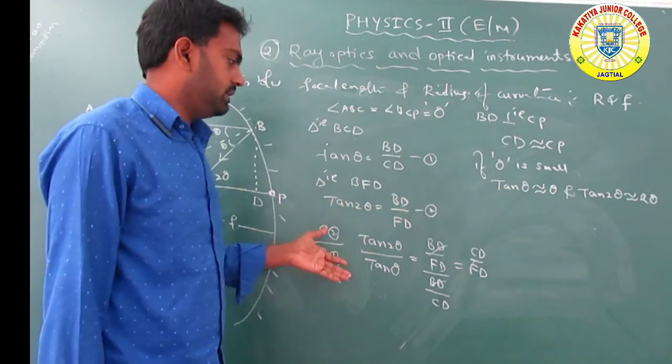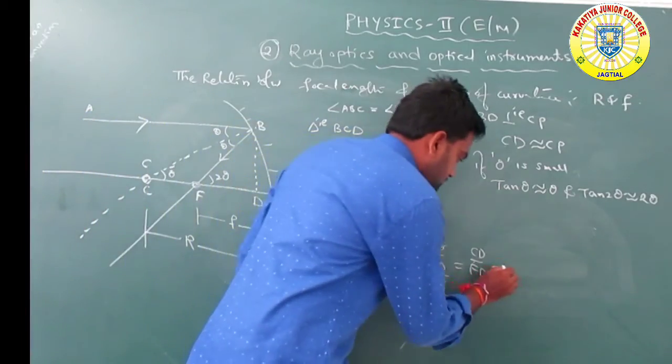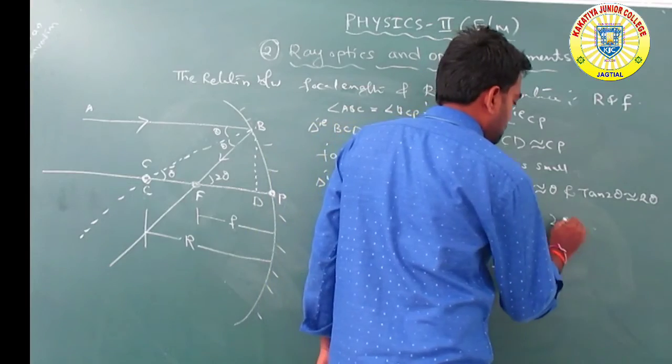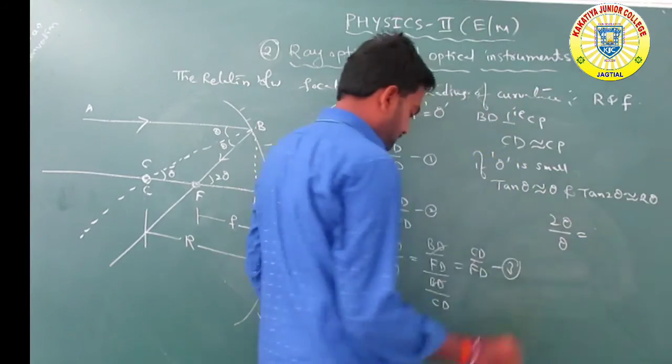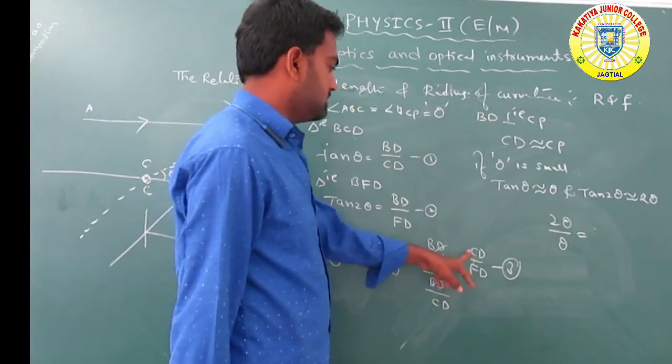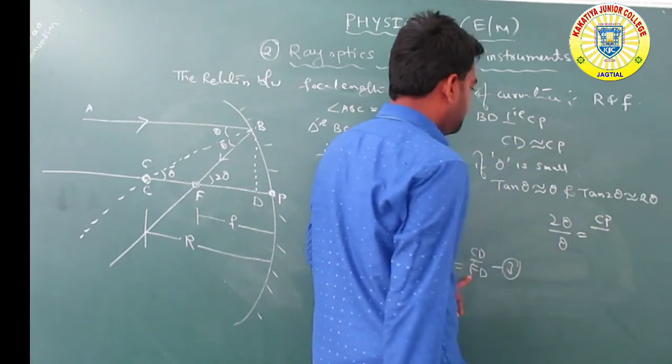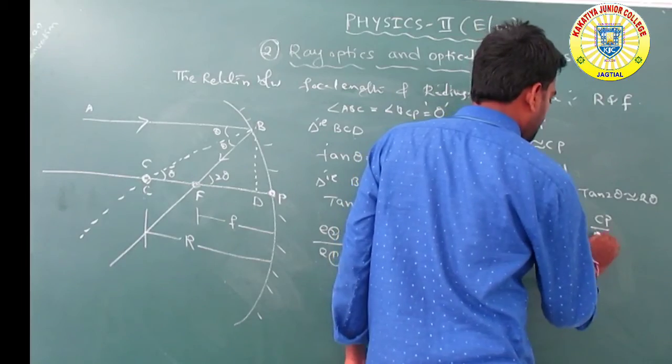And if theta is very small, point D lies completely on point P, so CD is equal to CP. That means a small aperture. Substituting in equation 3, we get 2 theta by theta is equal to CD by FD, where CD is CP and FD is FP.